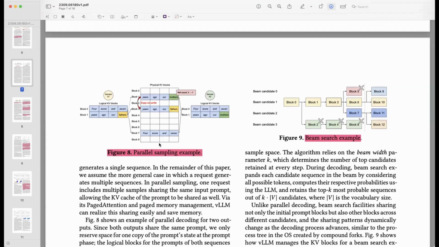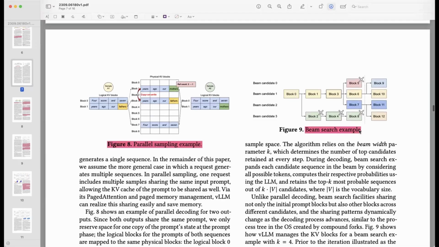You can use these same semantics for beam search. In beam search, you start with a single prompt, and then while decoding, instead of decoding one, you decode multiple. For example, instead of decoding one at one point, you're decoding two of them.